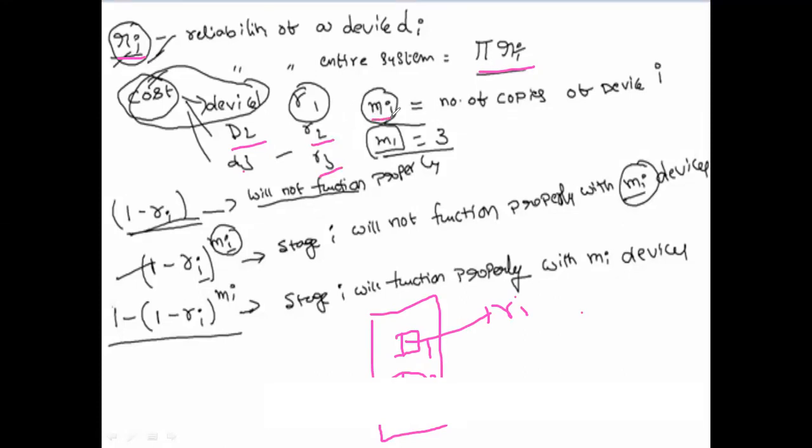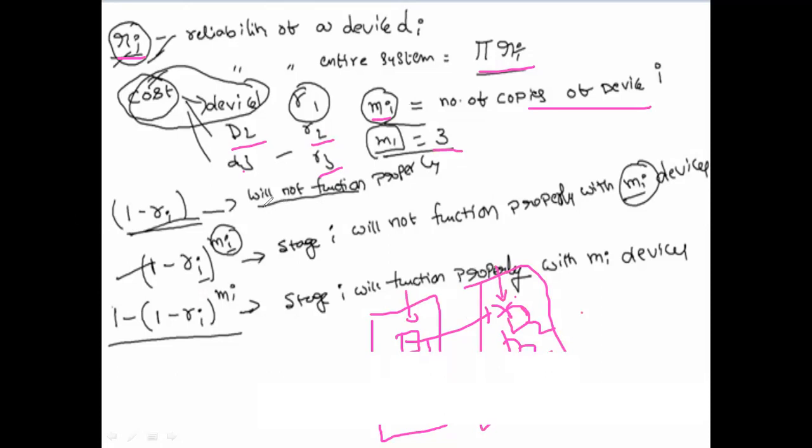Mi means the number of copies of the device. If you have another stage with D2, D2, D2, and another D2, how many devices? Totally 5. So the number of copies of the device is M1 equal to 2, M2 equal to 3.